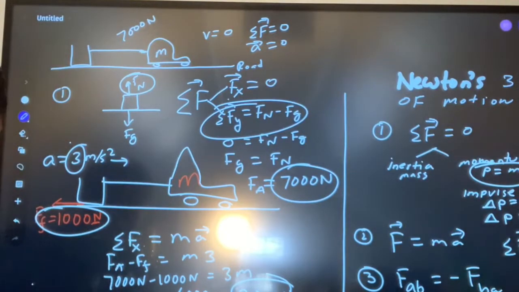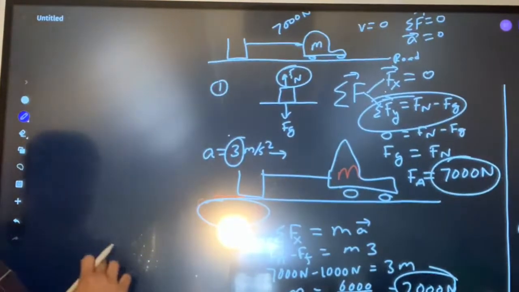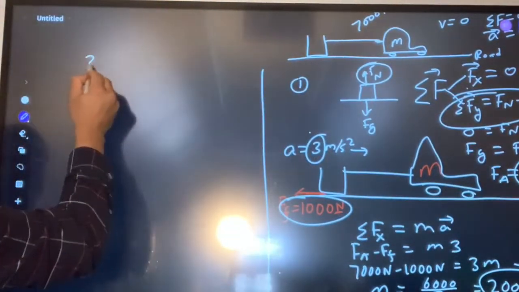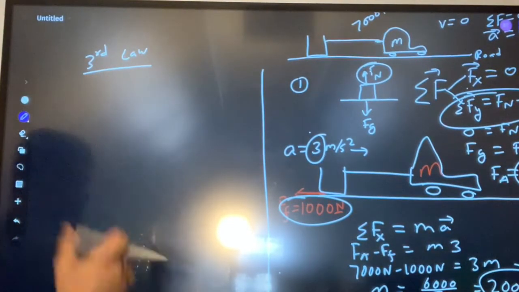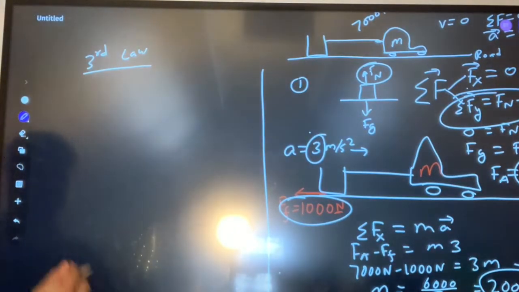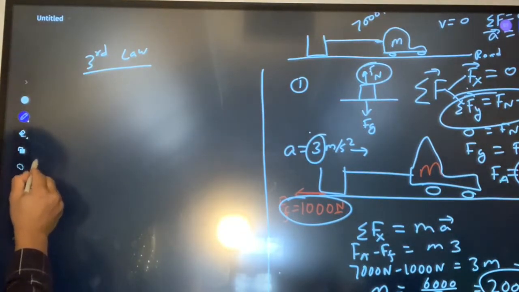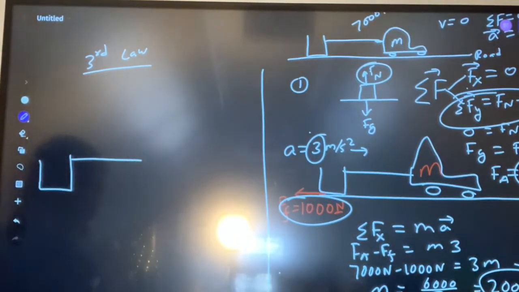Okay, now let's see Newton's third law in action. Okay, good, we are making progress. Newton's third law. Let's say we're going to stick to the same type of scenario. Let's see, there is a sled or container, who cares, attached to a man instead of a car, for example.